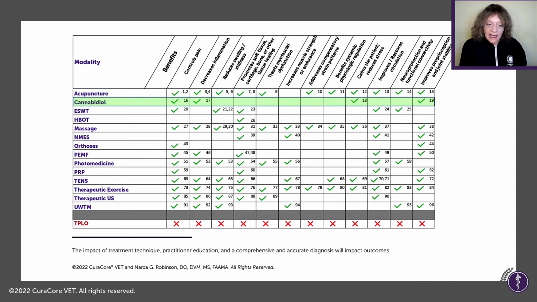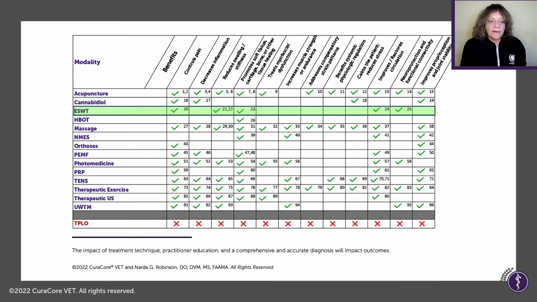Cannabidiol as a cannabinoid has also some value in controlling pain, reducing inflammation, calming the patient, and possibly improving proprioception and joint stability by means of helping reduce the neuroinflammation, helping those nerves be supported and protected and recover.